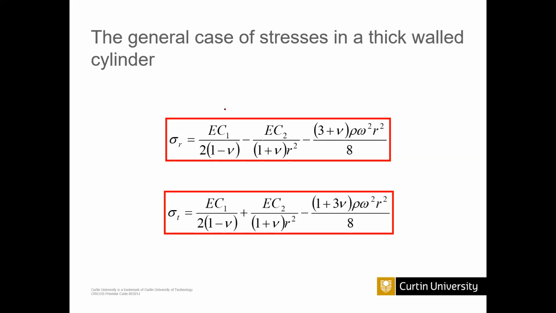We already derived these two equations for the radial and tangential stresses. C1 and C2 are constants, substitute them in here and you get the correct answer. You already know how to find C1 and C2.